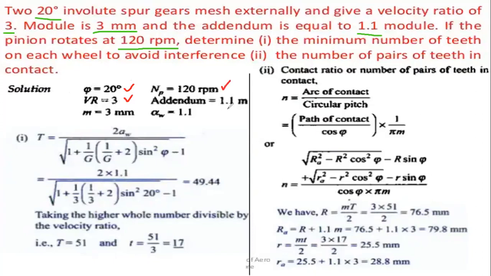Next, the addendum is taken as 1.1 times the module, and the module is given as 3 mm. So these are the given data.